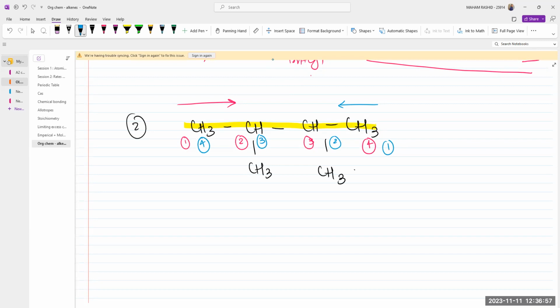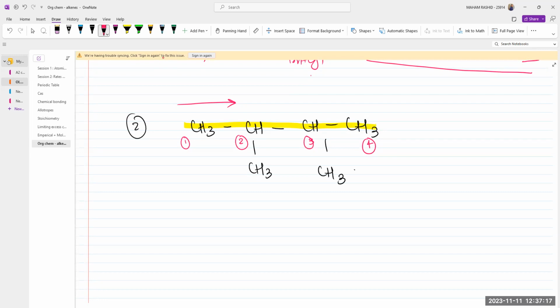On this side the methyl group comes at position 2, and on this side also the methyl group comes at position 2, right? So you can choose any side because both of them give you the same answer. I'll choose the left side for now.